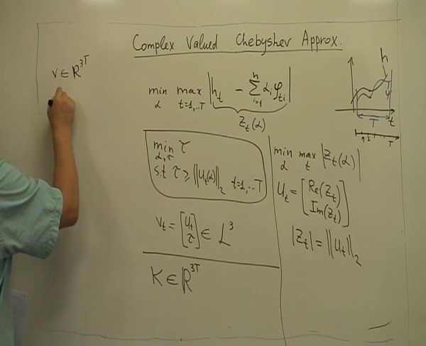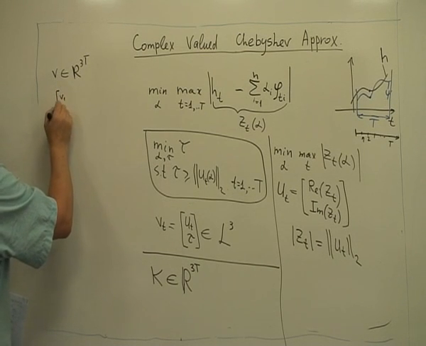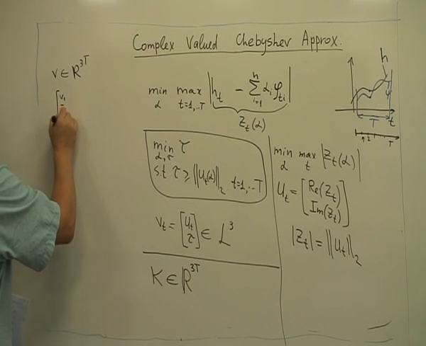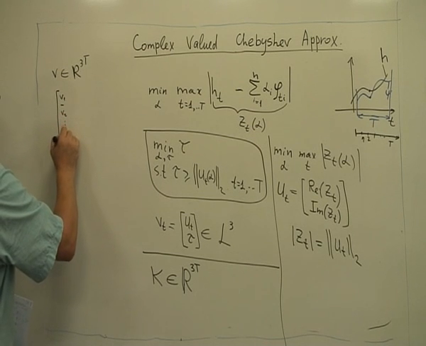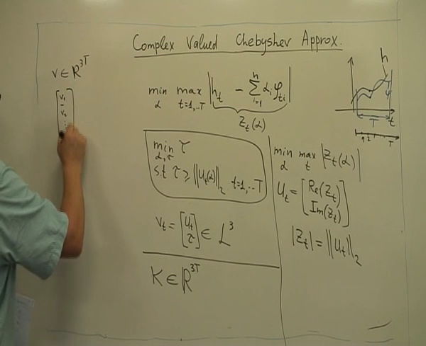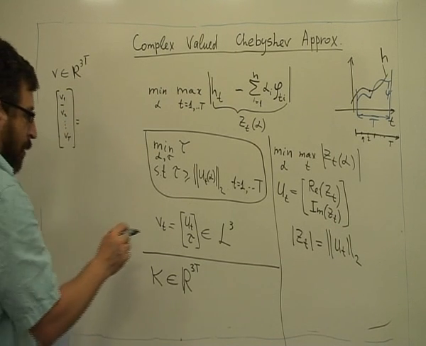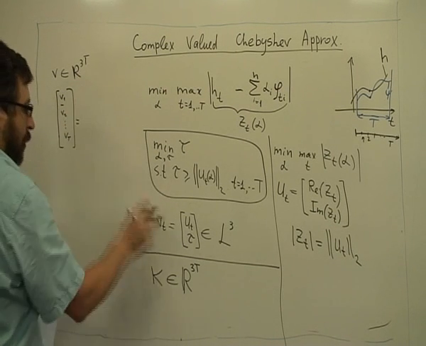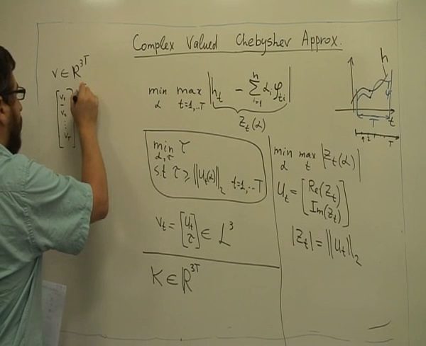It will be V_1, a three-dimensional vector, and then V_2, and then V_T, is equal to. I will just open this.